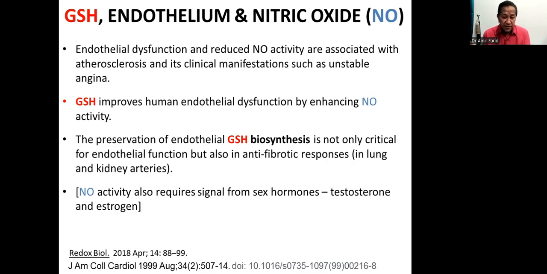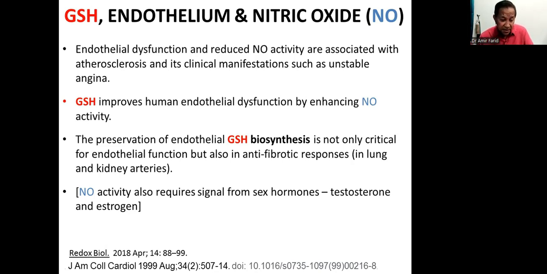The preservation of endothelial glutathione biosynthesis, meaning the synthesis or production of glutathione by the endothelial cells, is not only critical for endothelial functions, but studies also show it's important in preventing fibrosis or hardening of the tissues happening in the lungs and the kidneys, and possibly in other tissues as well.